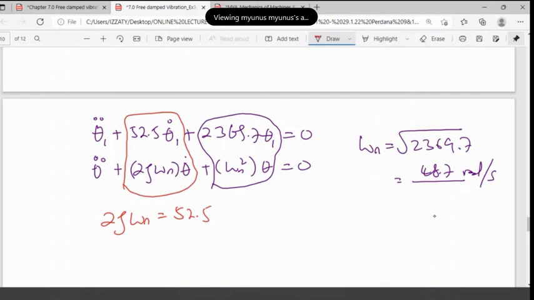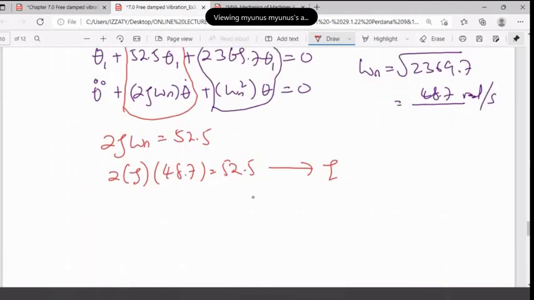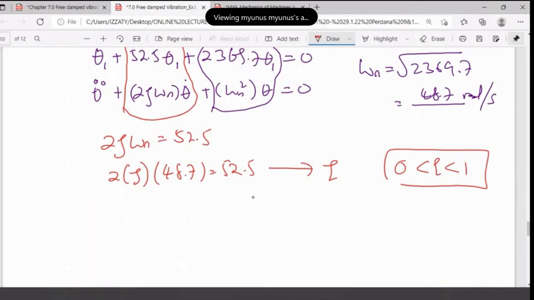And omega n you calculated earlier as 48.7, so 2 zeta times 48.7 equals 52.5. So you will get zeta. But always remember that whatever you get, zeta must lie between 0 and 1. Otherwise, it's just not correct. It must be greater than 0, must be less than 1.